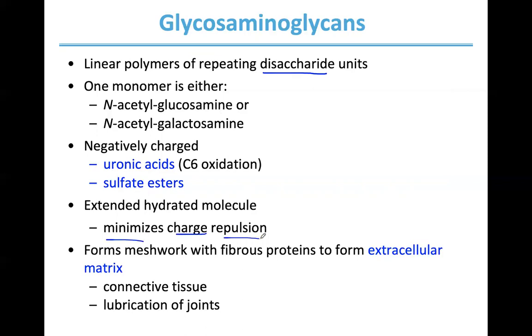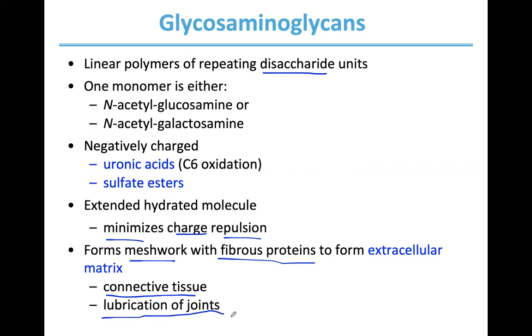In other words, the reason why it's hydrated is because it minimizes charge repulsion. Actually, we're going to look at this in a moment. And you can see these glycosaminoglycans are very important. They form meshwork with fibrous proteins to form extracellular matrix, specifically of connective tissue, and also lubrication of joints.